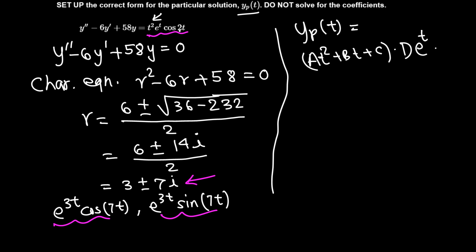And cosine 2t, so whenever we have sine and cosine they come in pairs, so we write down, let's say, d e to the t, times e cosine 2t plus f sine 2t.